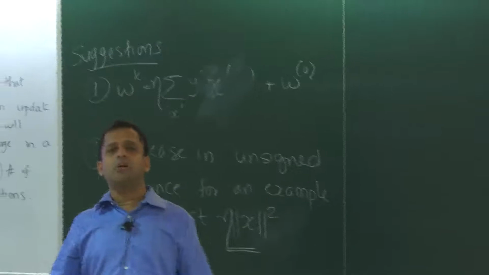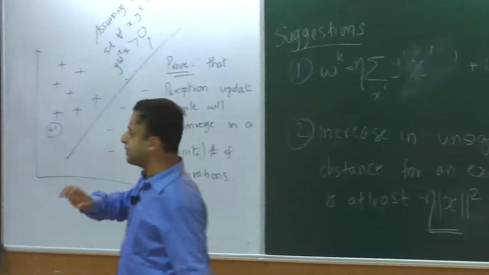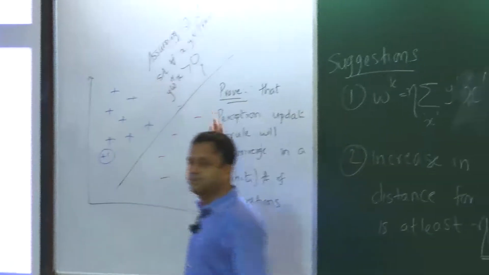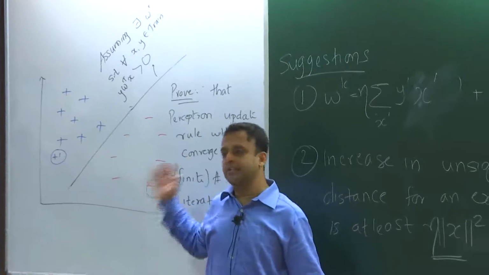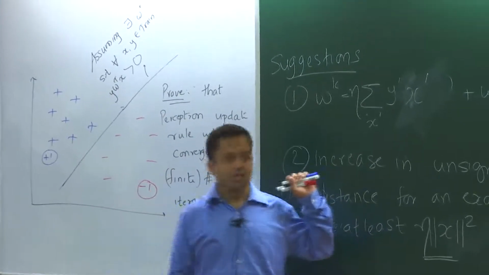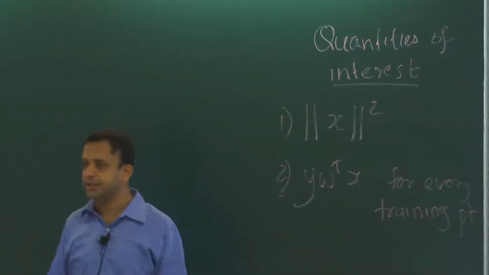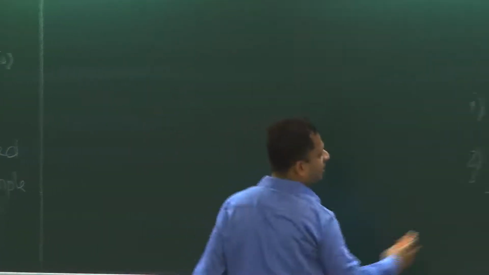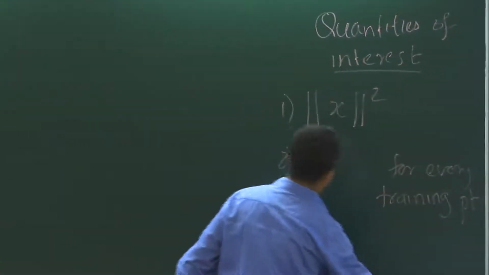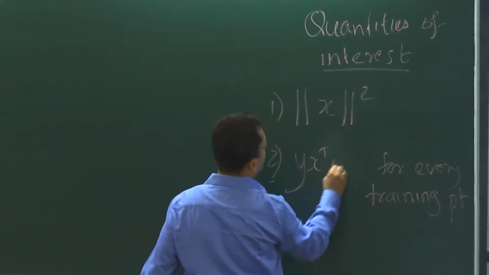Okay, so now let's take a few steps back. I mean, we are given this. We know that points are linearly separable. This is supposed to be the unsigned distance, y w transpose x, right? It's the unsigned distance. And just to be consistent with what I'll write later, I'll write it as y x transpose. It's the same thing.